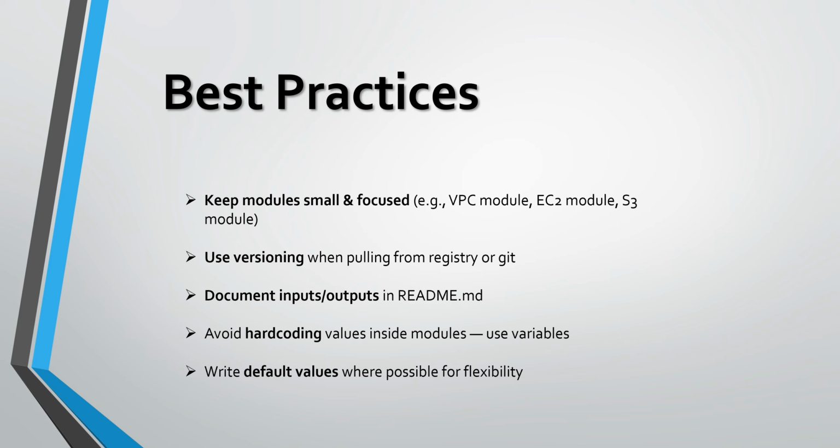Use versioning. Whenever you are defining a module, always use versioning when pulling from the registry or Git. As I said, let's say you create a module and publish it to GitHub. The first time you create a module, there is a possibility that you support fewer parameters.